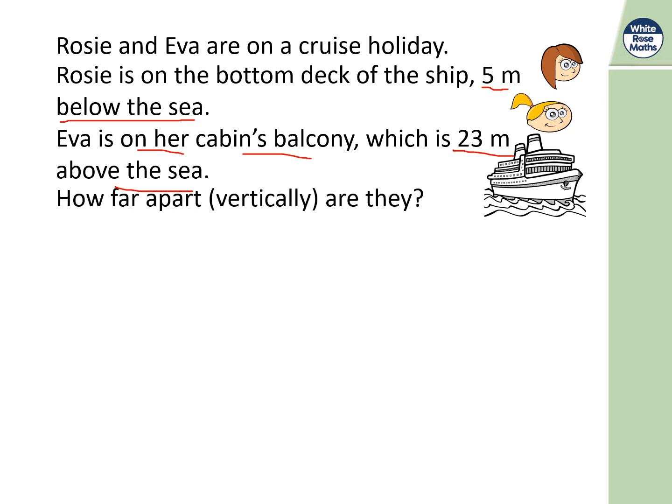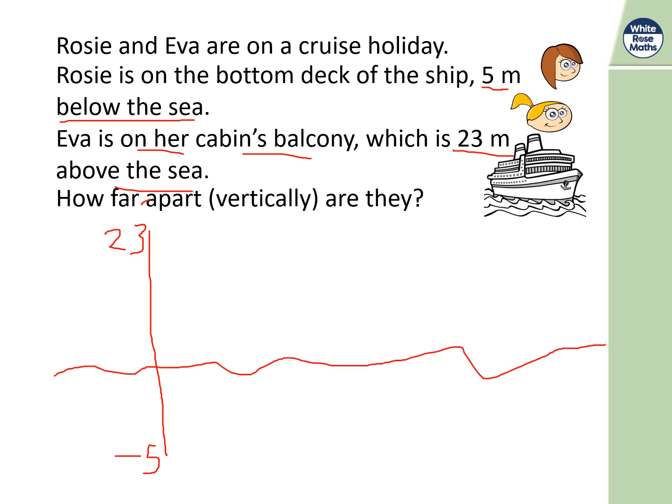Okay, so think of it as a little bar here. So I've got 23 meters, and then I've got -5, because it's 5 meters below the sea. So think of this as the sea level, so that'll be 0 there. So I've got to work out the difference between 23 and -5, so it'd be 23 take away -5, so being very careful here.